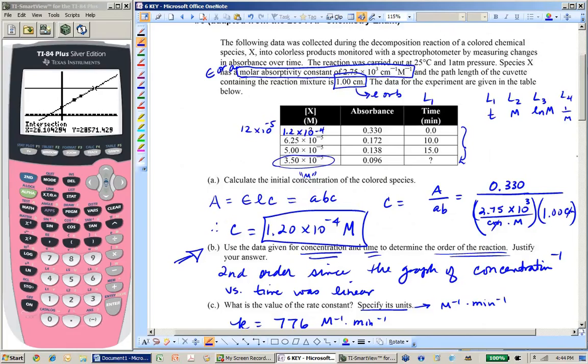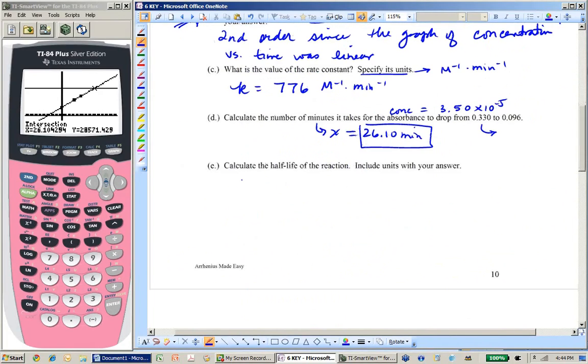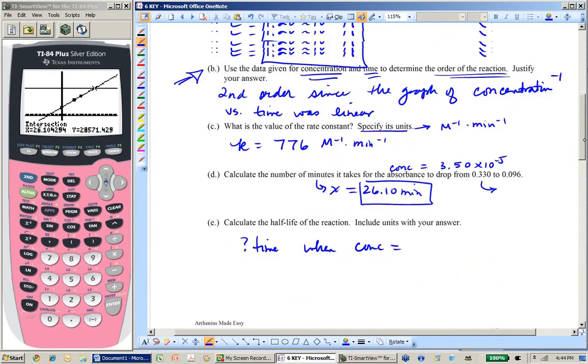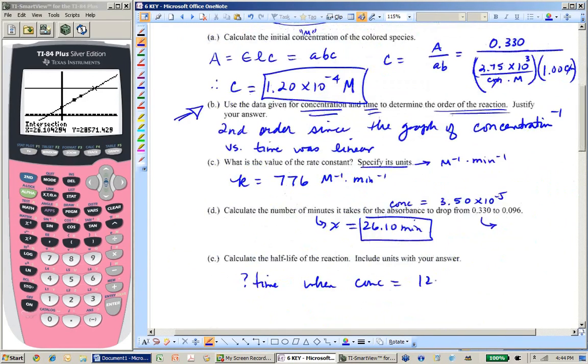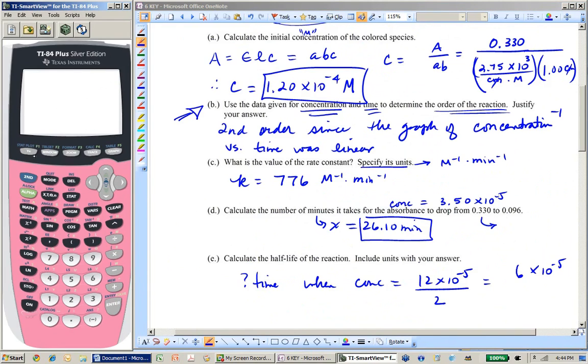So we really need to reread this and rewrite this as, what is the time when concentration equals 12 times 10 to the negative 5 over 2, known as 6 times 10 to the negative 5. So come back to my Y equals, because I know what Y is, and instead of it being 3.5 down here, I'm going to put in 6.0 and just graph again.